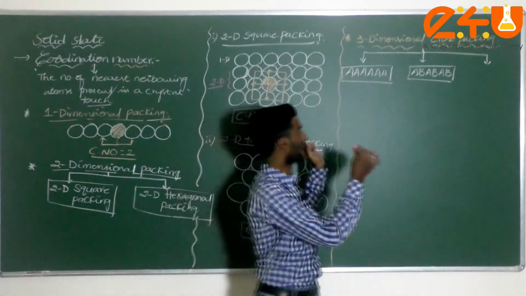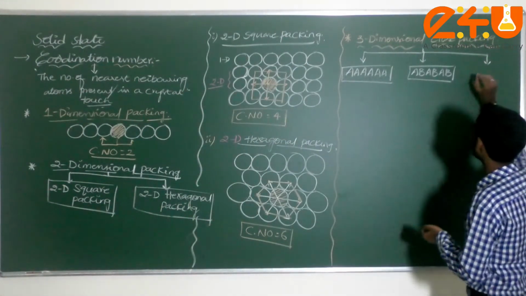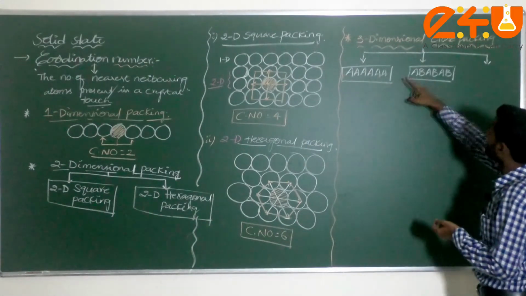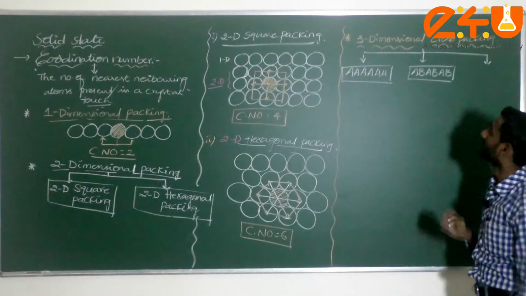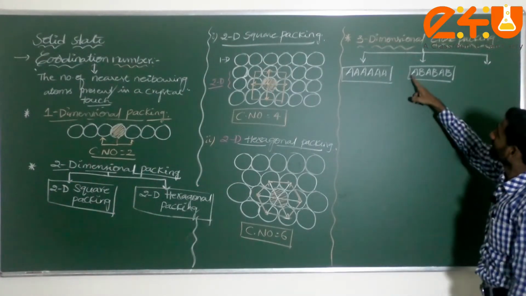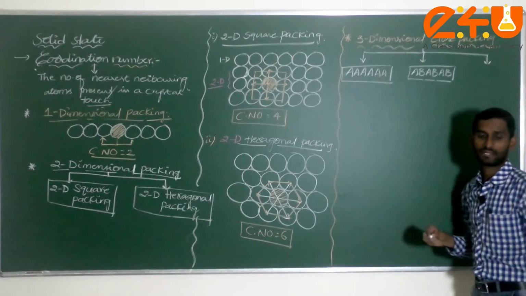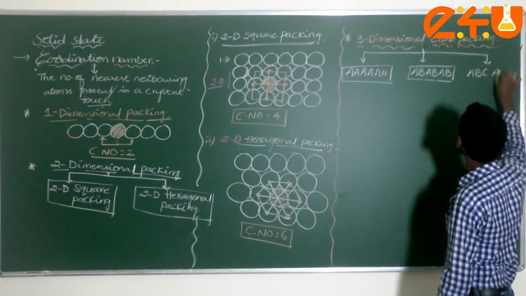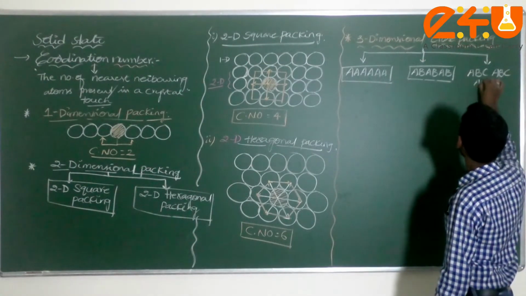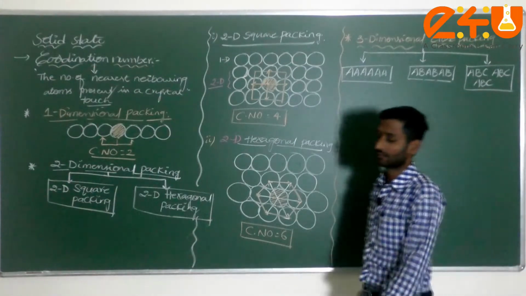I am trying to draw 3-dimensional structures here, so you have to understand without confusion. This is AA type close packing. The second one is called AB type. The third one comes under, dear students, ABC close packing. Am I correct or not?